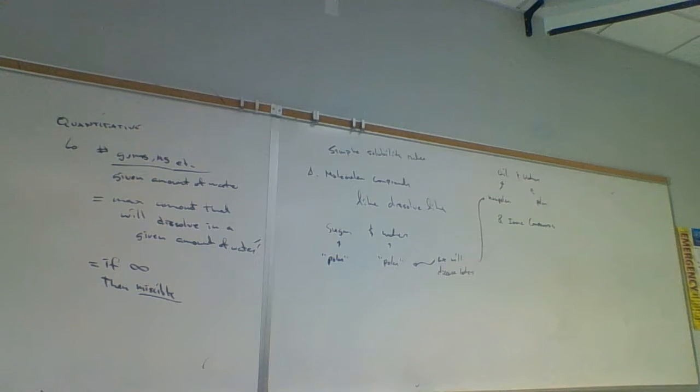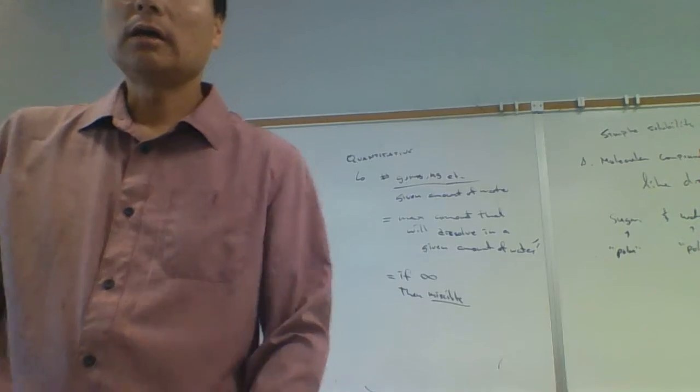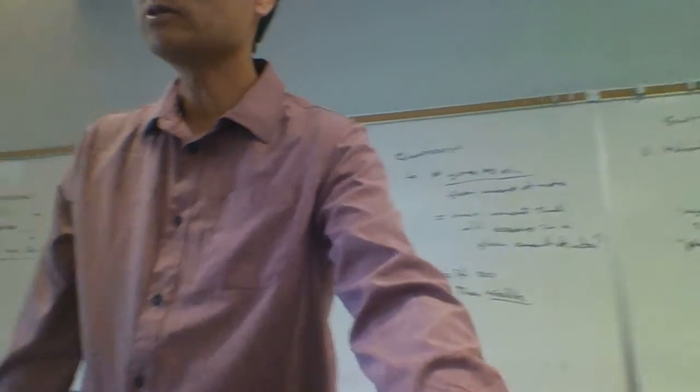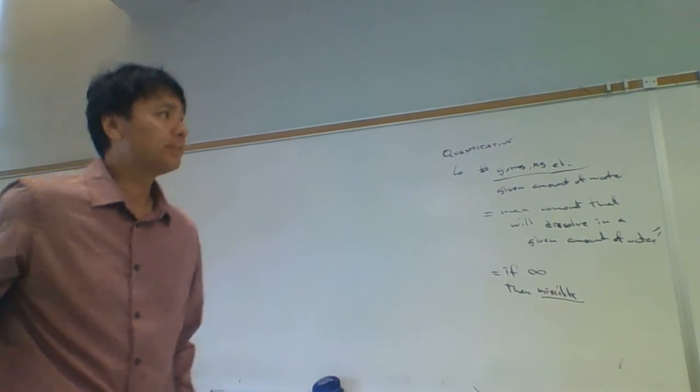These are very qualitative. These aren't quantitative at all, and there are exceptions. It's not a law. These are rules. Rules tend to have a lot more exceptions than laws do, for sure.